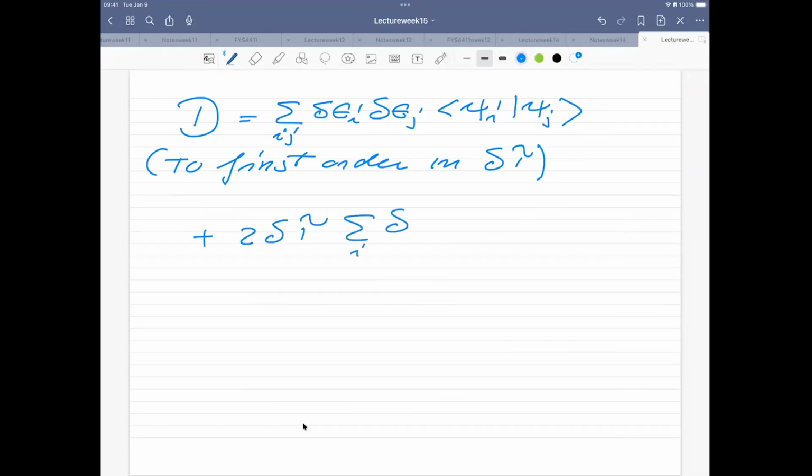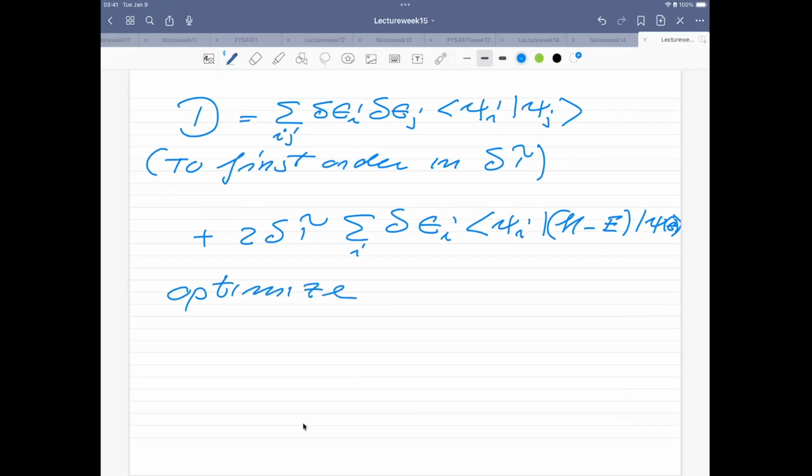It's actually not so difficult to see that when we only keep terms to first order in delta tau. And that is going to contain a psi of i, and then I have h minus this energy, and then it contains a psi of theta, like that. So that's the term which we then want to optimize. To optimize means simply we want to minimize it.